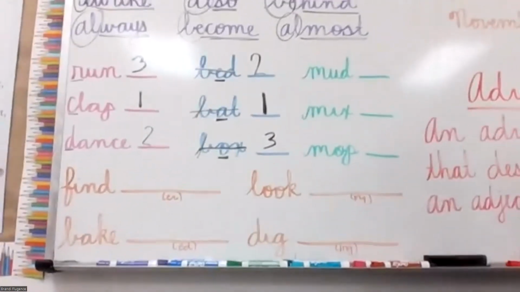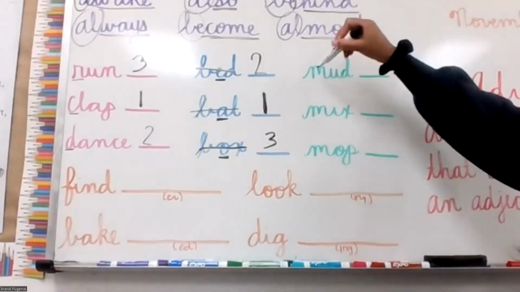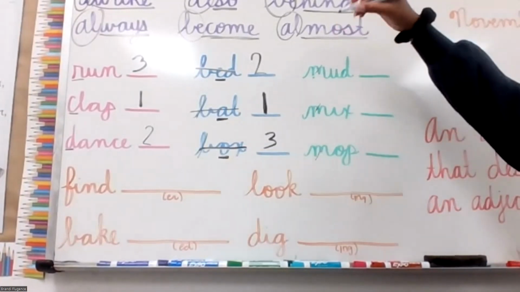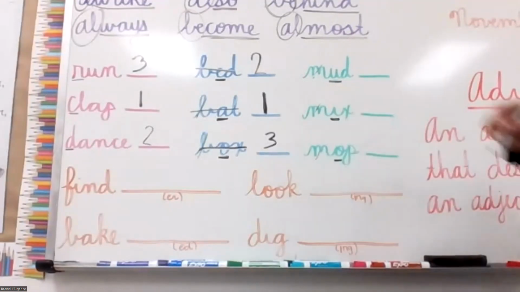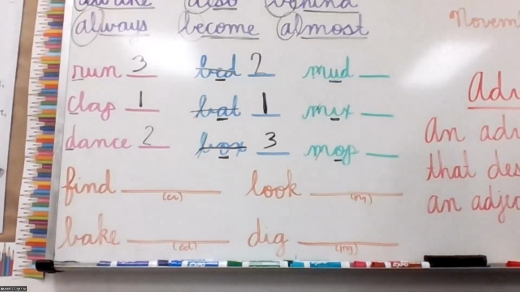Let's look at another example. I have mud, mix, and mop. They all start with what? So do I look at the M? No. So we're going to skip the M, and I go to the second letter. U, I, and O. Let's put them in order. Do we have an A? No. B? No. C? No. D? No. E? F? No. G? No. H?